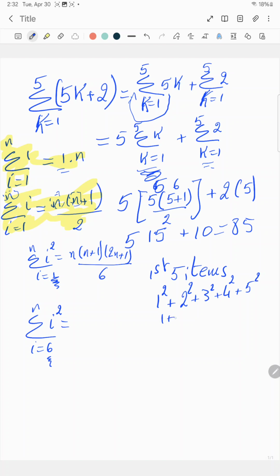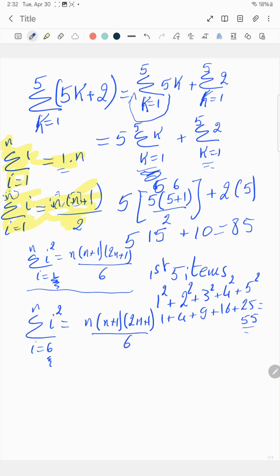So this is 1 plus 4 plus 9 plus 16 plus 25, and all that is equal to 55. So I can apply this formula now, but I have to add 55 to it for the first 5 items. So it becomes n times n plus 1 times 2n plus 1 divided by 6.